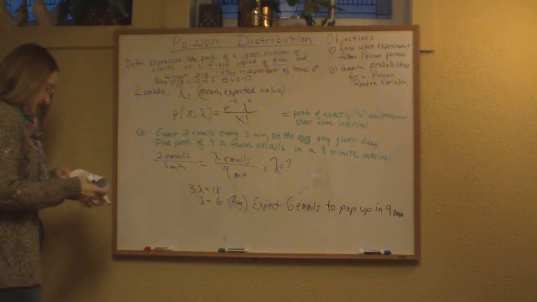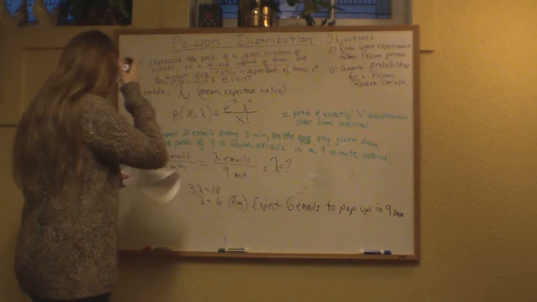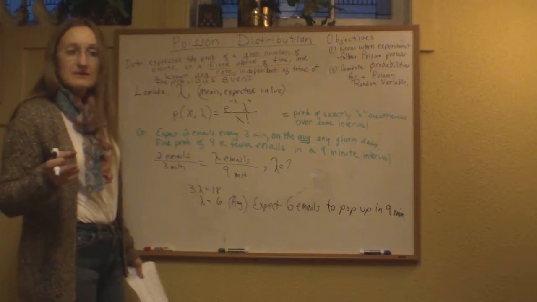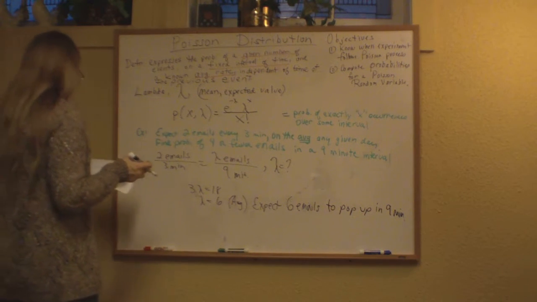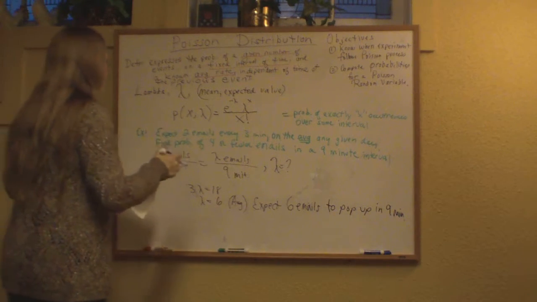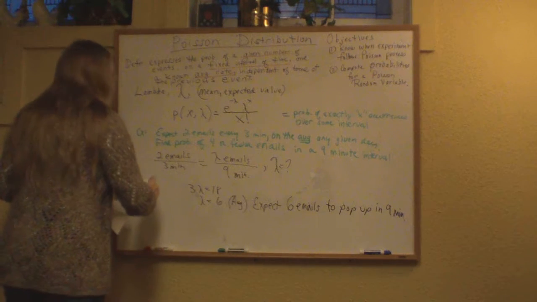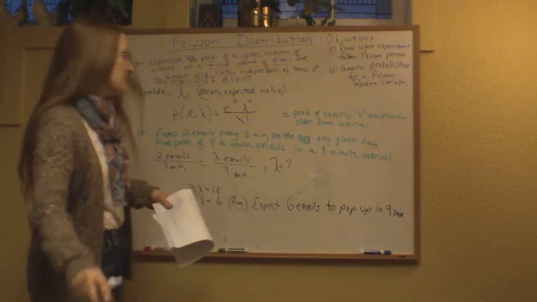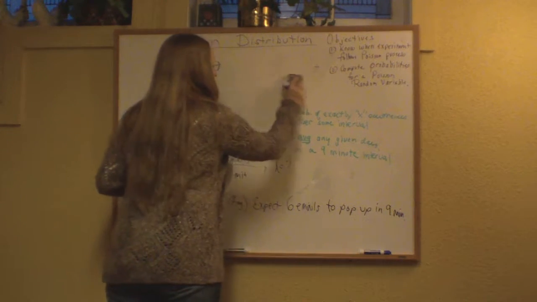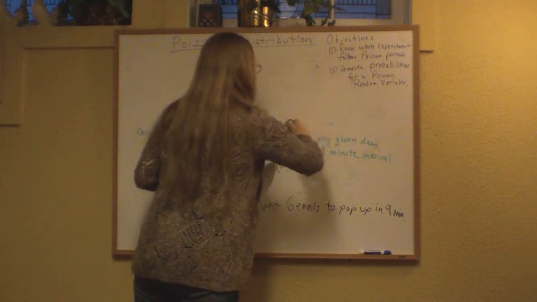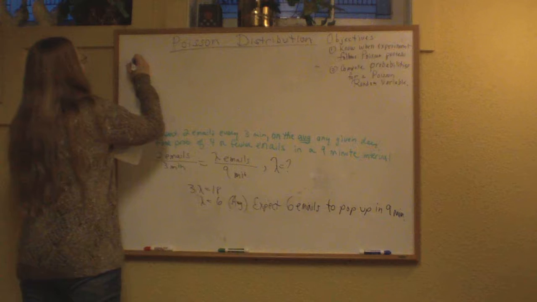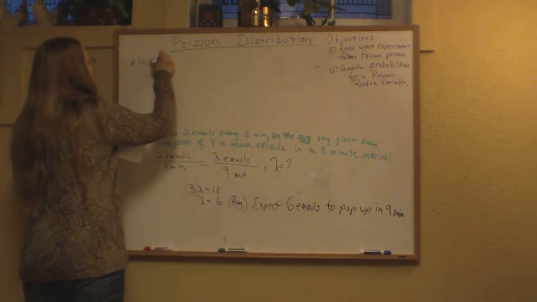Okay, so then we still have to answer the question, find the probability of 4 or fewer that's going to pop up in 9 minutes. What we have found so far is lambda, but now we have to answer the rest of the question here. So let me erase the top part of this so I have some room. Now we want to know the probability of x being less than or equal to 4.